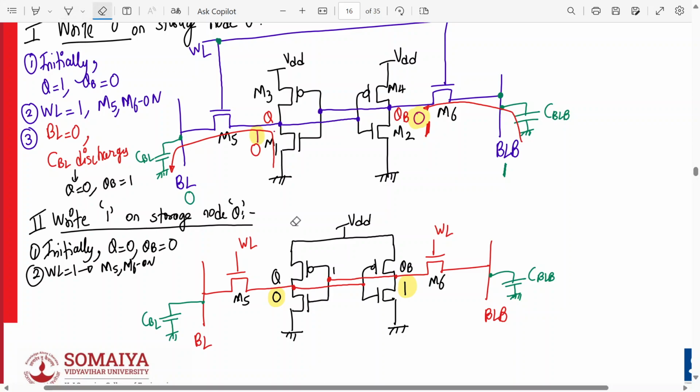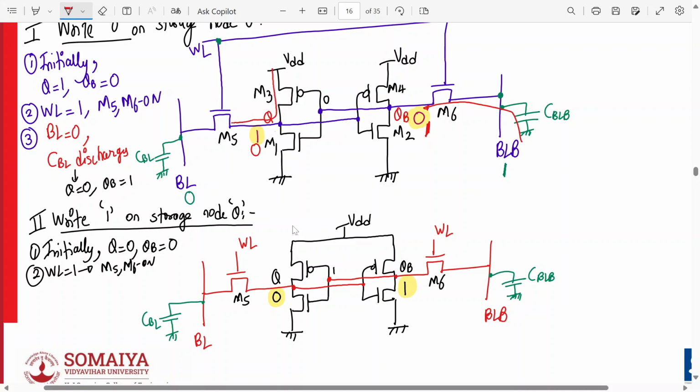Oh, sorry, one thing I missed out. If in the earlier state q is 1, that means this is 0, and this is 0 means M3 is on. Sorry, I missed out on this. So the node that was storing 1 will now discharge via this.